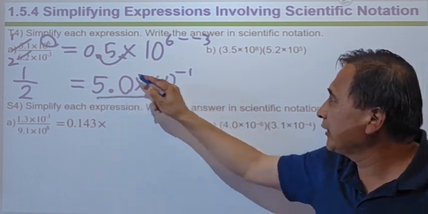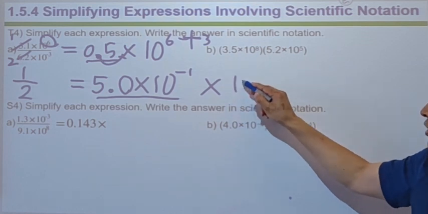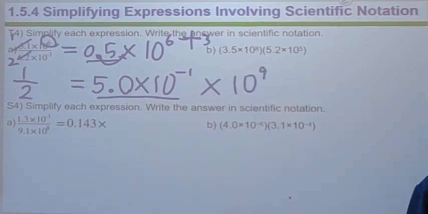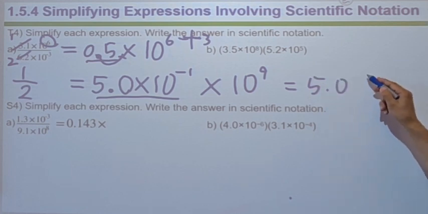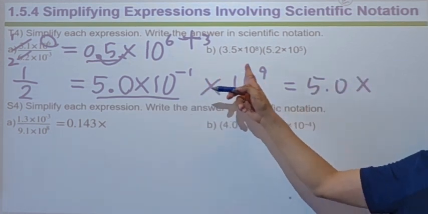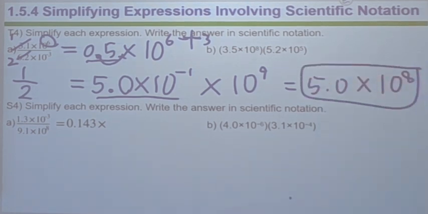So this is the same as this. Here, negative becomes positive. So 10 to the 9 power, right? Final answer is 5.0. You should add it, right? Minus 1 plus 9, which is 8. That's the answer. Everybody got it?